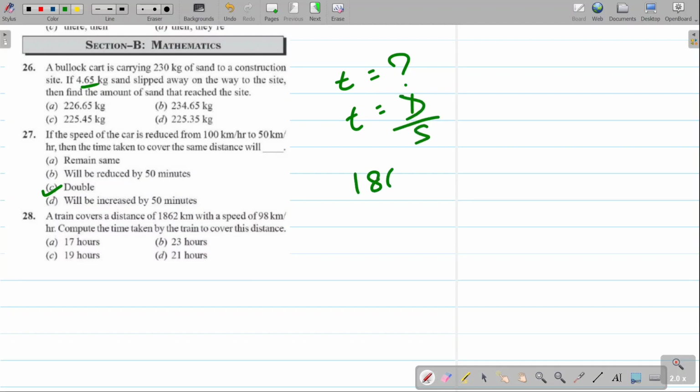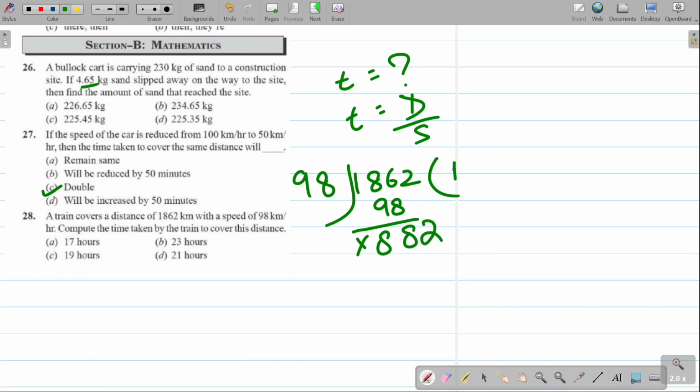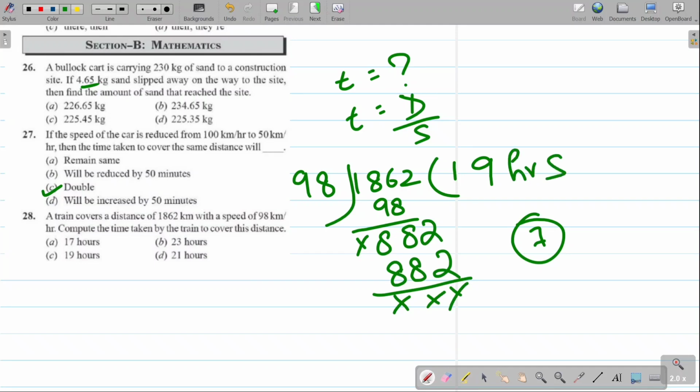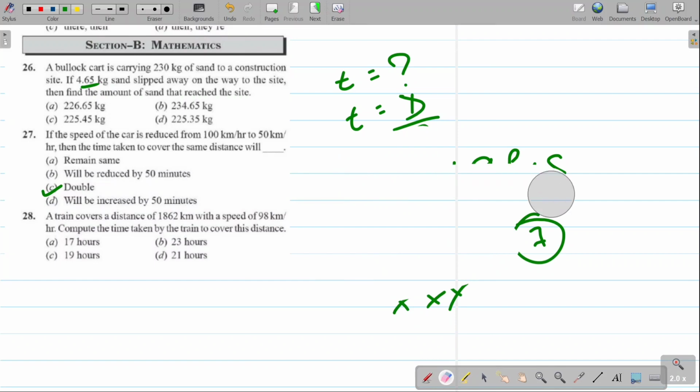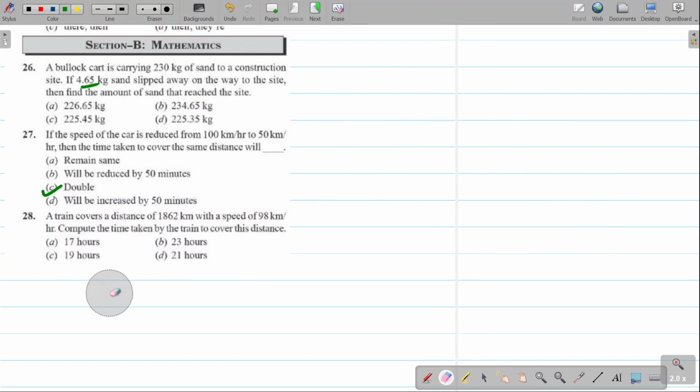So we divide 1862 by 98. 98 into 1 is 98, bring down the rest and continue dividing. So a total of 19 hours would be required to cover this distance. This 19 hours is given in option number C, so it will be correct.